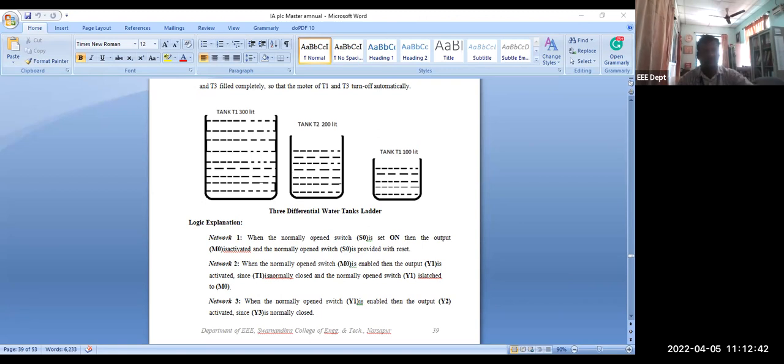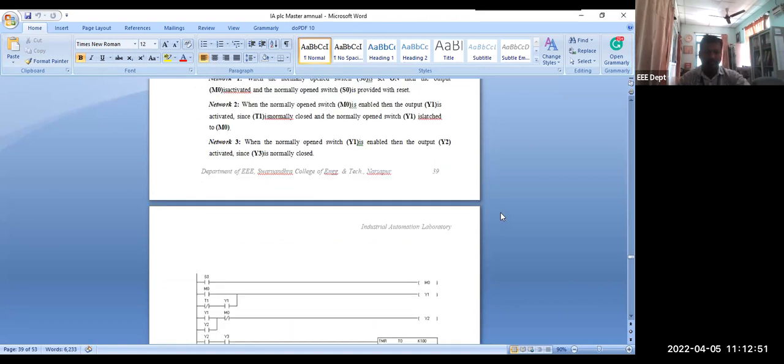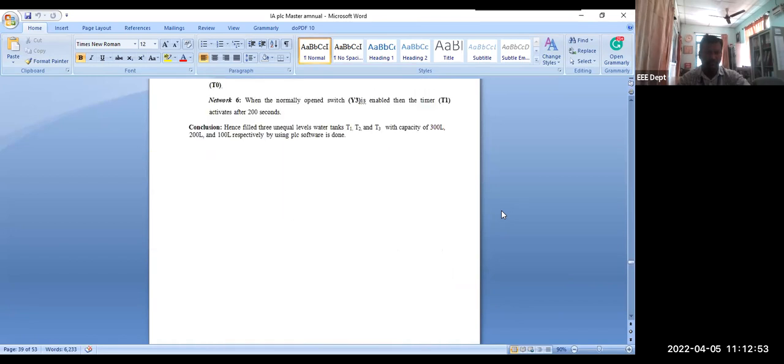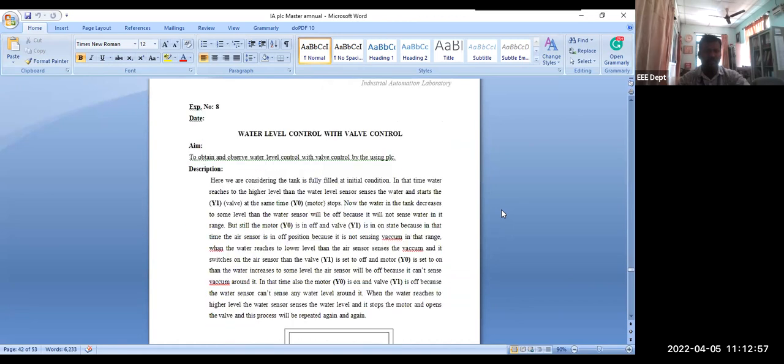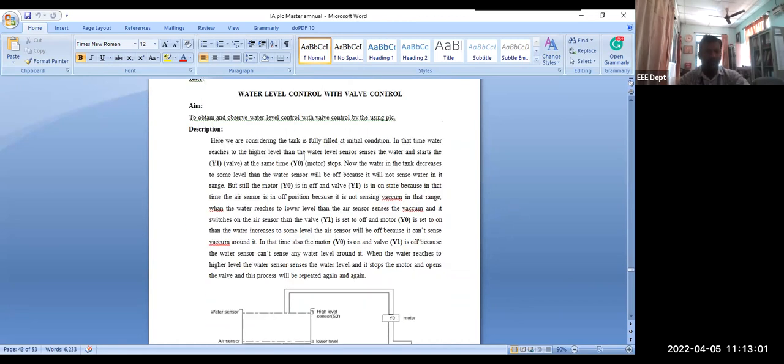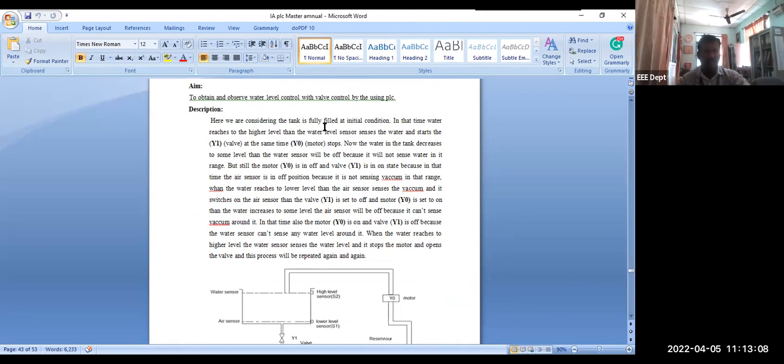Here I will share the screen once again. The aim is to obtain and observe water level control with valve control using PLC. Here we consider the tank to be fully filled at the initial condition.